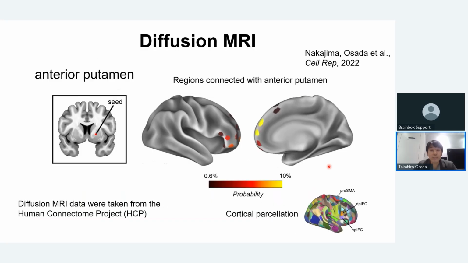Next, we explored the anatomical connections between the basal ganglia and cerebral cortical regions. We employed the diffusion MRI data. When the seed was set to the anterior epithelium, the tracts were estimated using probabilistic tractography. This shows the connected areas with anterior epithelium.